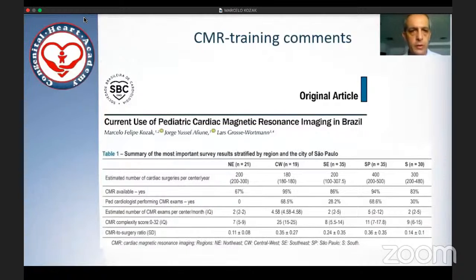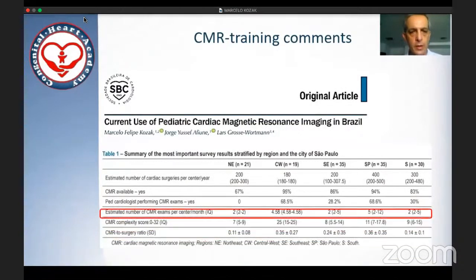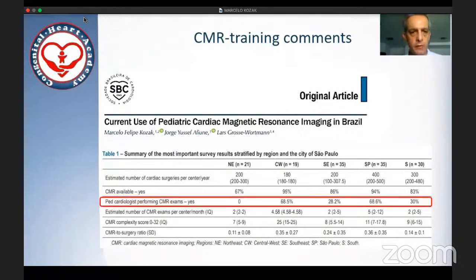Last year, we published this paper that assessed the current use of pediatric cardiac MRI in Brazil. As you can see, the number of pediatric cardiologists performing CMR exams is quite low, a minority in most of the regions.